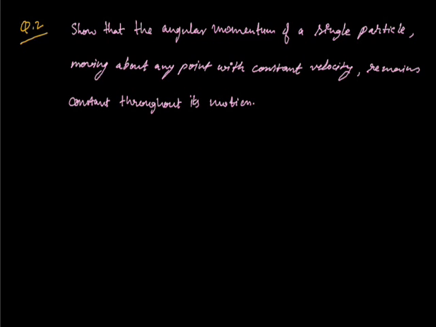angular momentum, the position vector of the particle and its linear velocity. Now in this given figure, an axis is there crossing through an origin O, and the direction of the axis is perpendicular to the plane of the screen which you are observing, and the particle is moving in the plane of the screen.